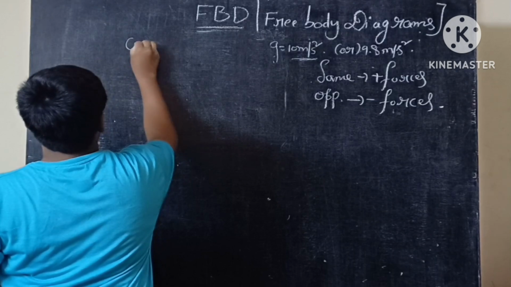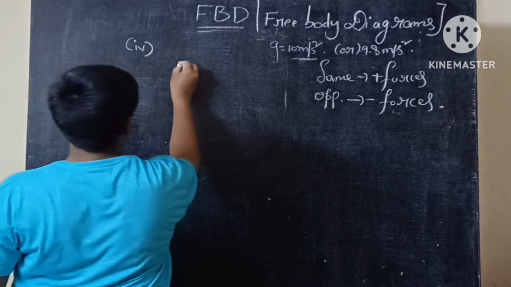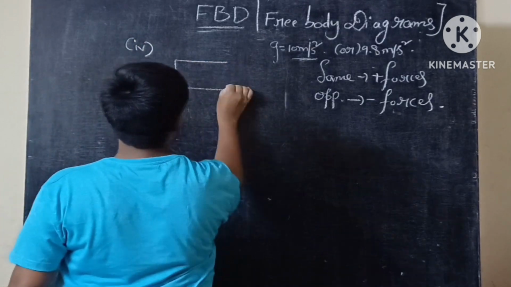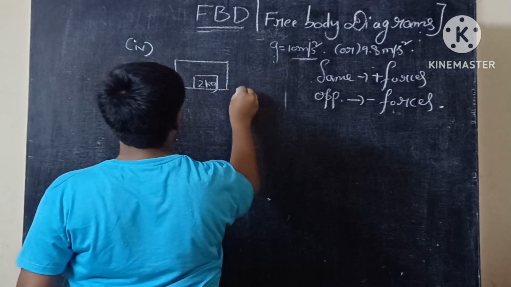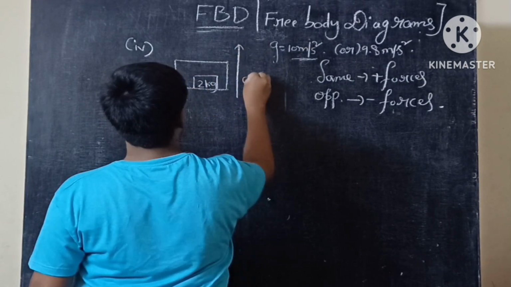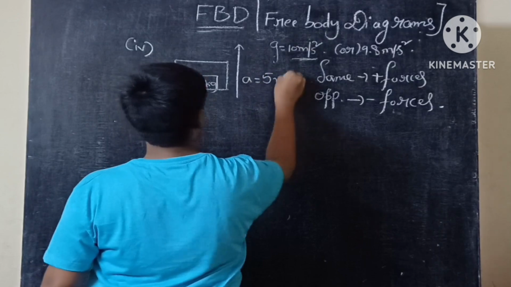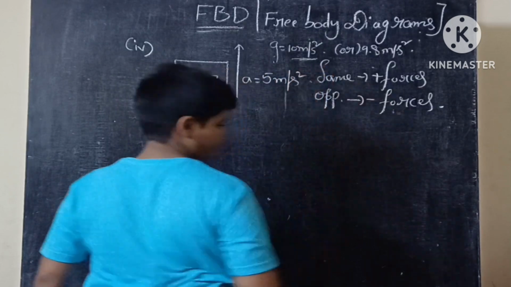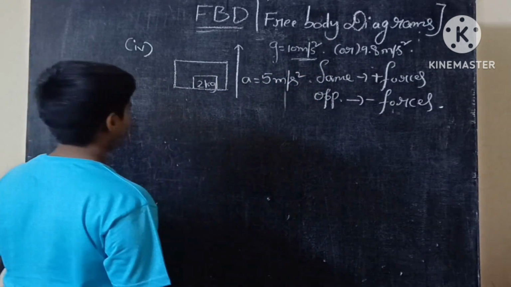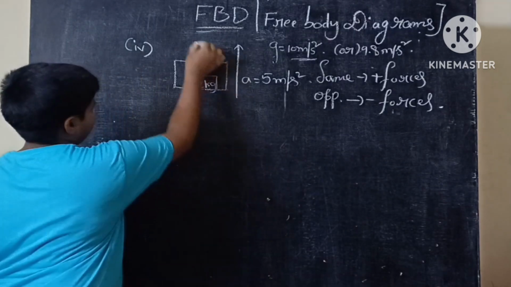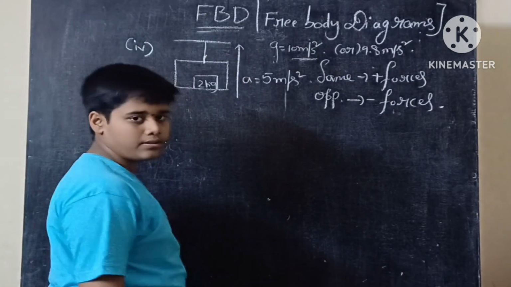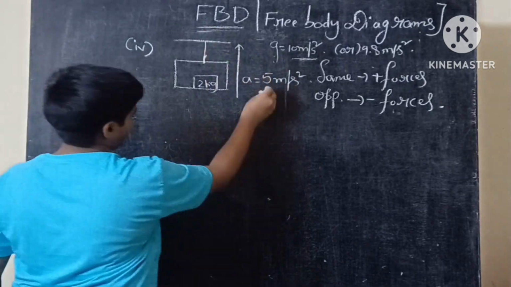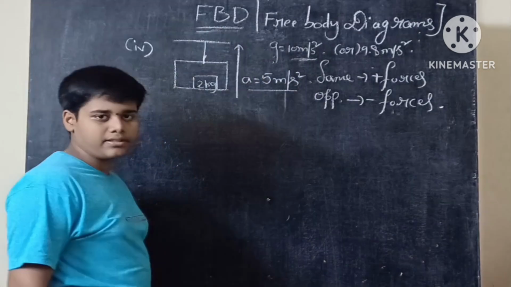And the fourth case. Here they give a body in a lift. The lift is going upwards with an acceleration of 5 meter per second square.